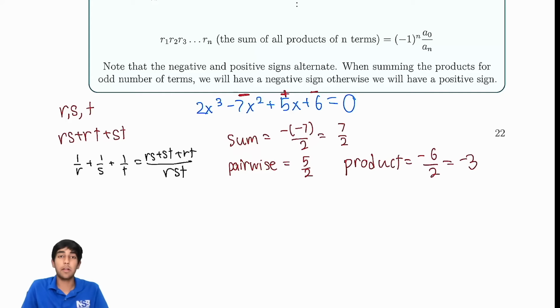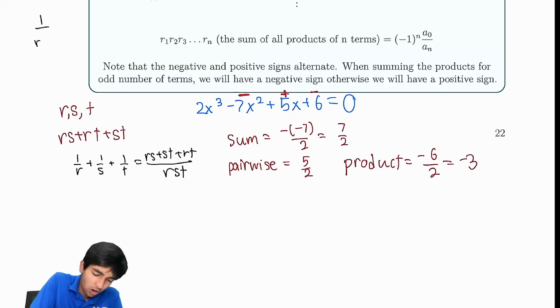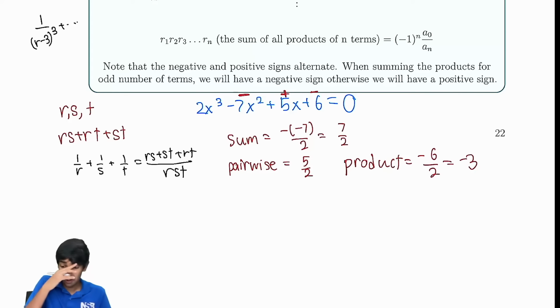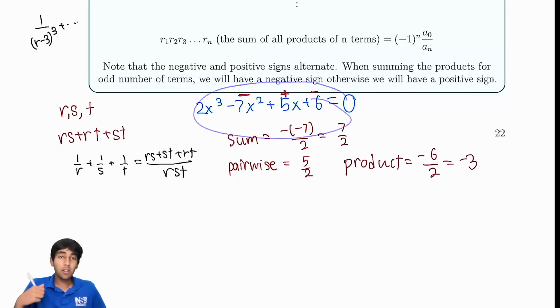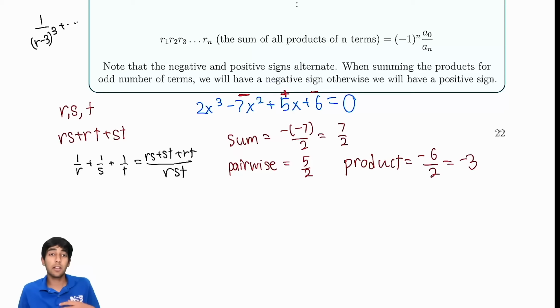And even this is quite simple. There are going to be much more complicated ones, like for example (1/r minus 3) cubed, and so on, for a cubic. That's much more difficult. You can still sometimes do it with Vieta's, with smart, clever algebraic manipulation.